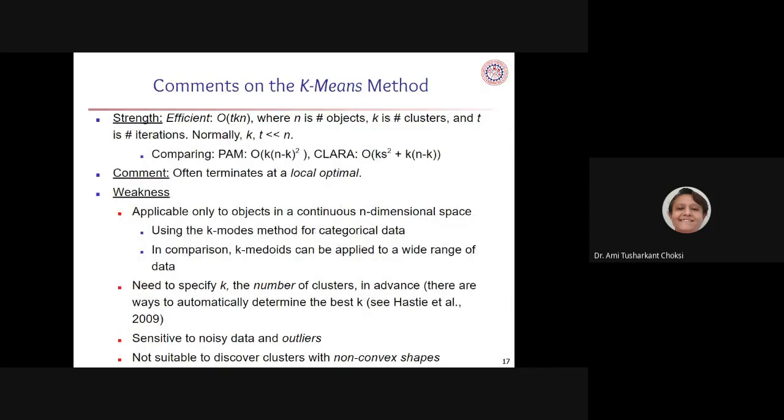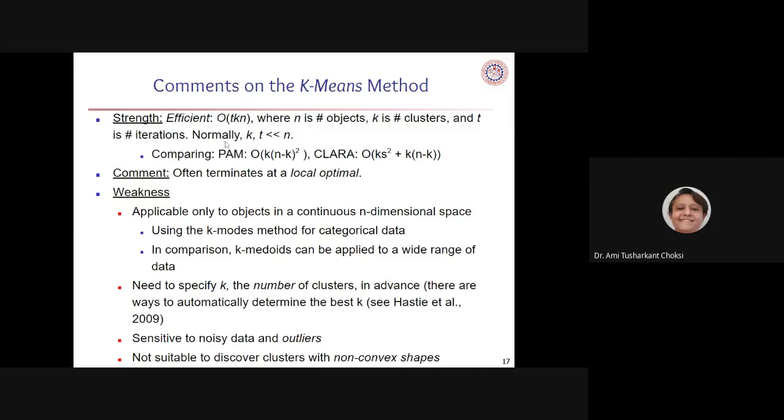Now, what do we say about the K-means method? This is what we have just studied. The strength is that it is efficient. It is of order TKN, where N is the number of objects, K is the number of clusters, and T is the number of iterations.